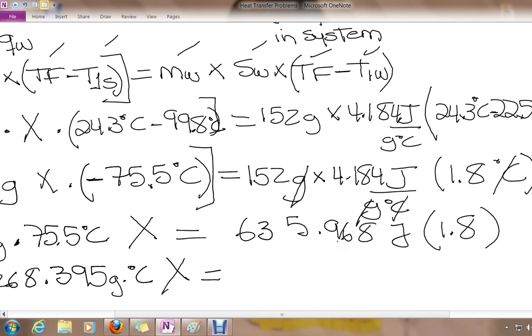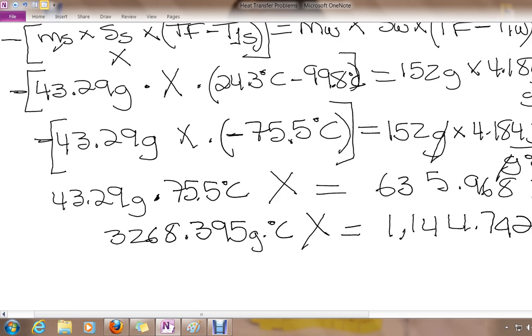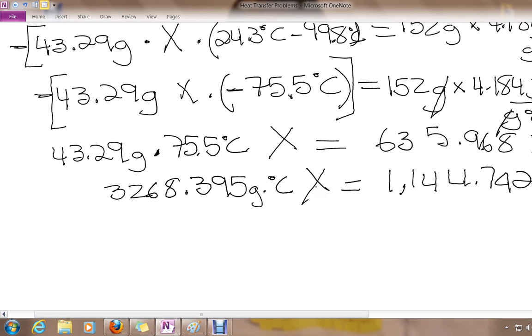Here, 635.968 joules multiplied by 1.8 gives you 1,144.7424 joules. Now, you've got this on the left side. Now let's divide everything. What we want to do is leave this x by itself.